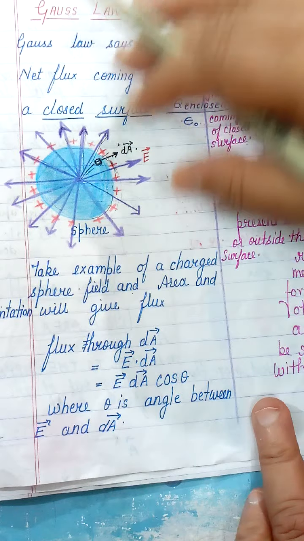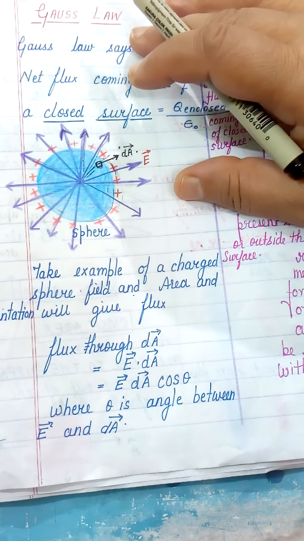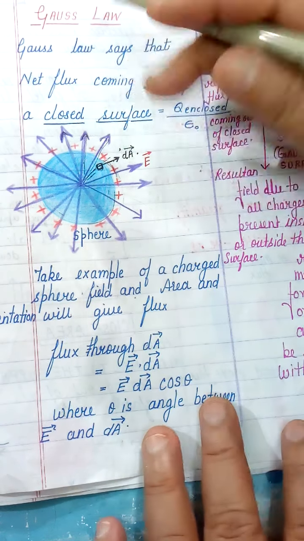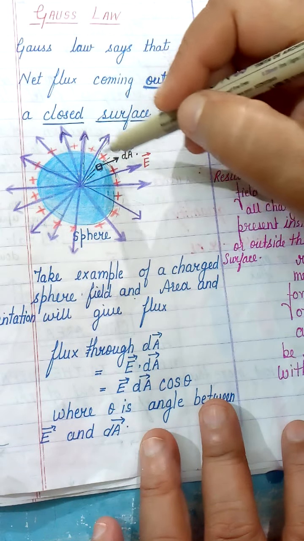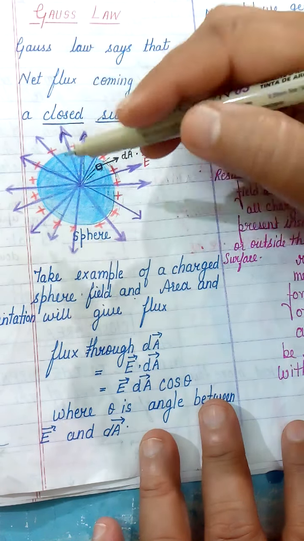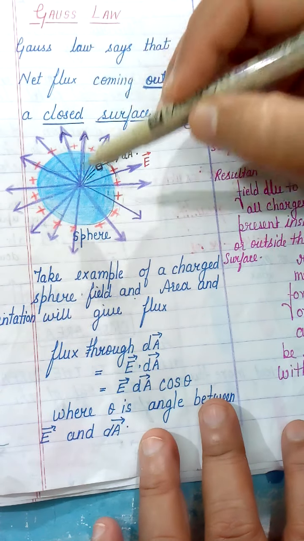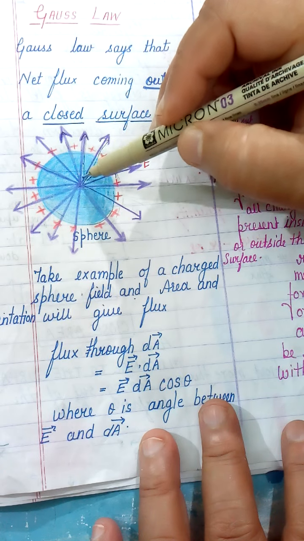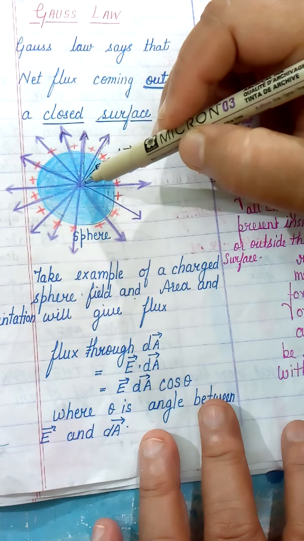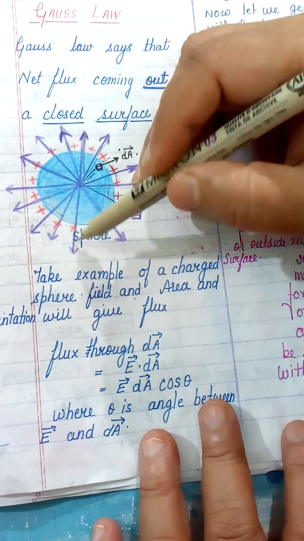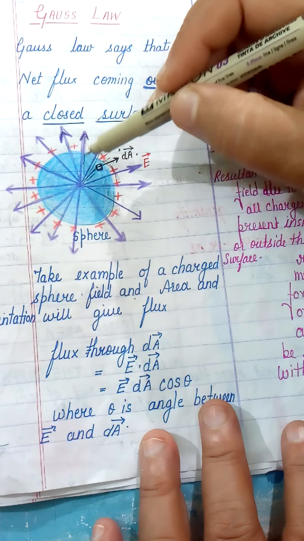But right now we are going to understand the Gauss law only. So just look at the charge distribution. It is uniform on the surface only, right? Now see, electric field of this charge distribution will be like this, radially outward.